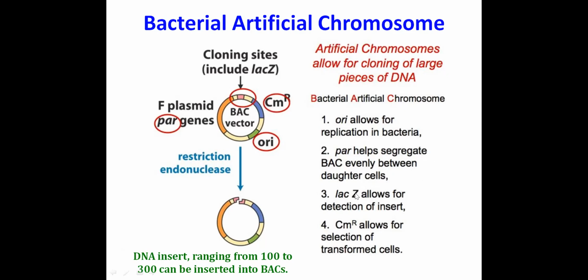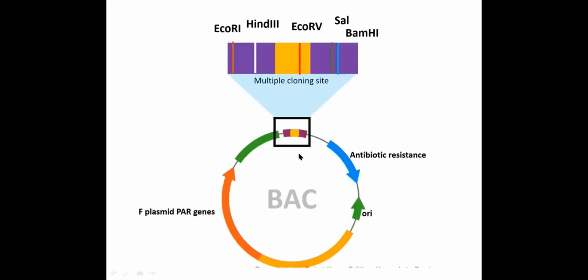And this LacZ is the selectable marker, which allows easy detection of the cell which carries the recombinant vector, and CMR allows the selection of the recombinant cell. This is the antibiotic chloramphenicol resistance gene, which helps in the selection of the transformed cell in the selection media. Okay, so this is the basic structure of the bacterial artificial chromosome. It has one origin of replication, one antibiotic selection or resistance gene. Then this is a multiple cloning site.